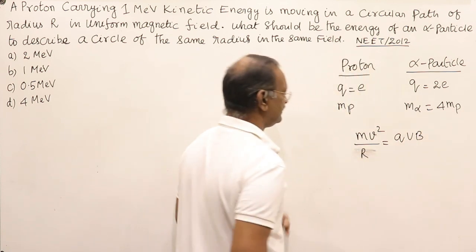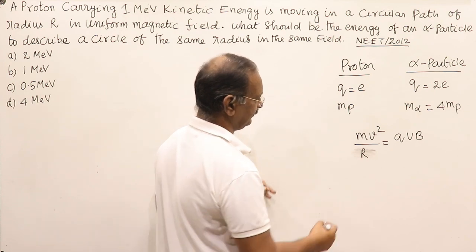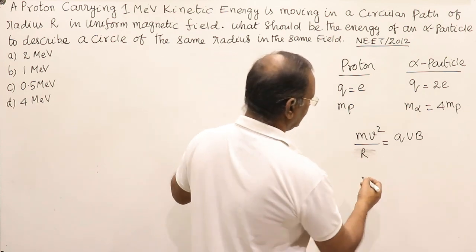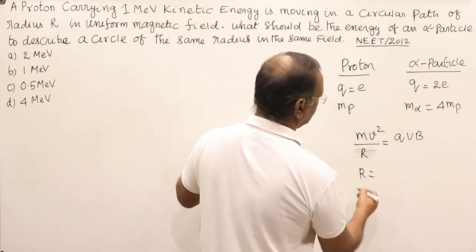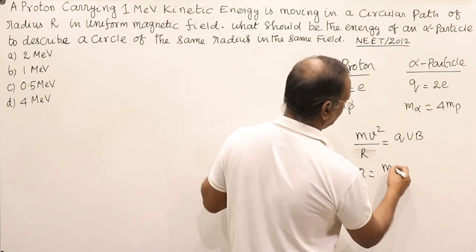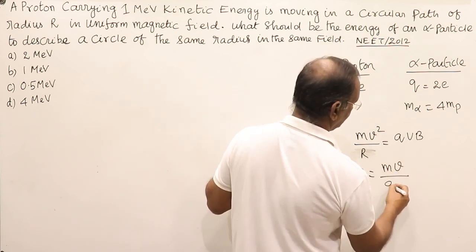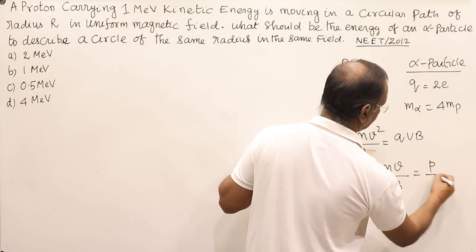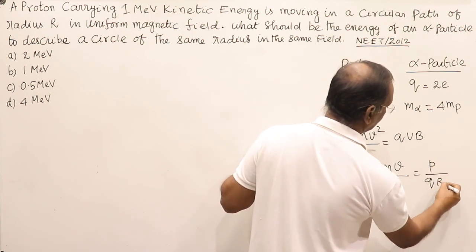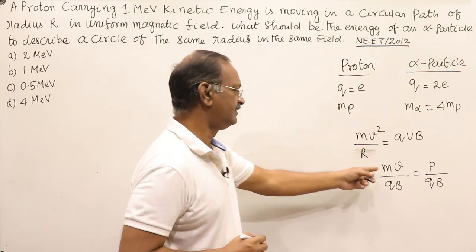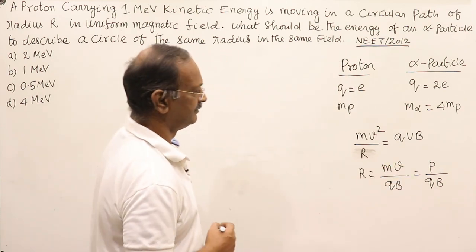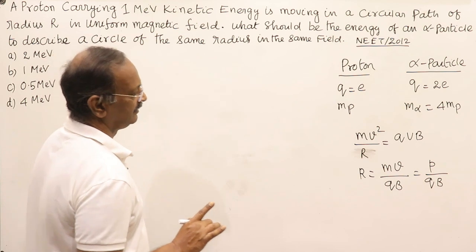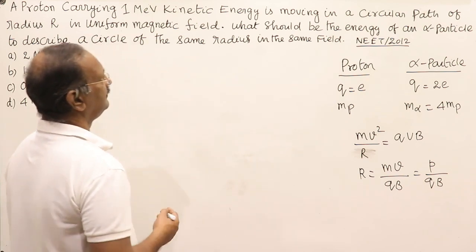Sin 90 is equal to 1, so we can write r is equal to mv by qB, which is equal to p divided by qB. Why do we call it p? Mass into velocity is nothing but momentum.